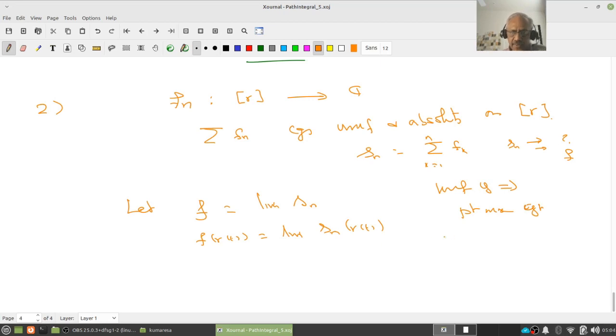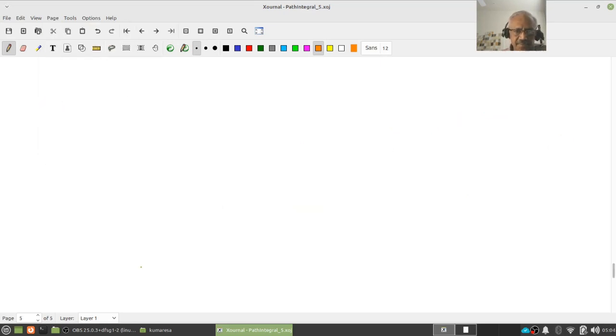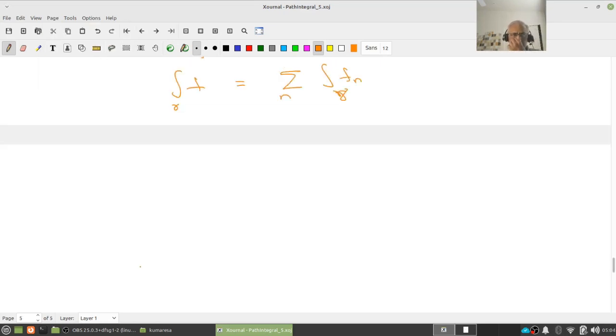So I get a function, right? So what is the question? I want to say the integral of f over gamma is the same as the sum over n of the integral of fn over gamma. Is it obvious? We have done such things in the Riemann integral for real valued functions. If you have known that, this is the same proof.